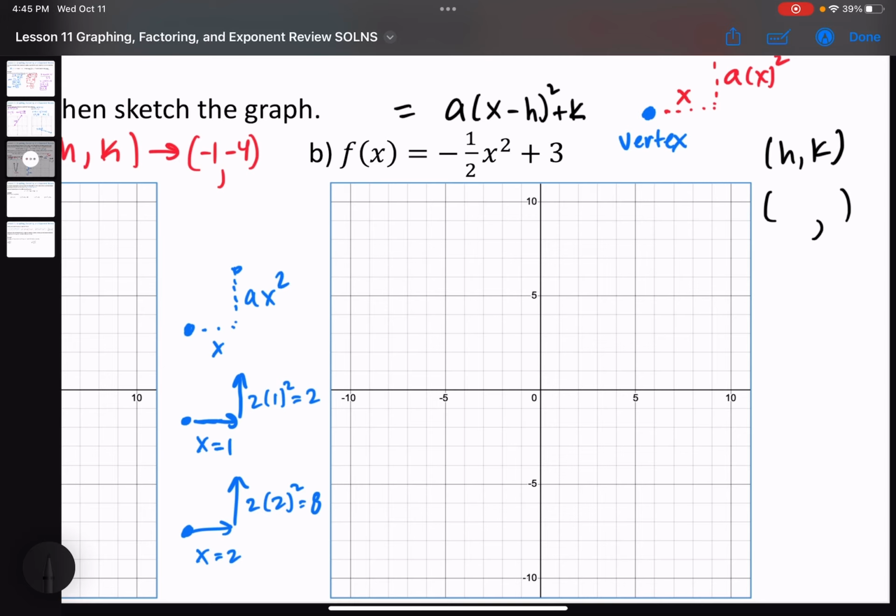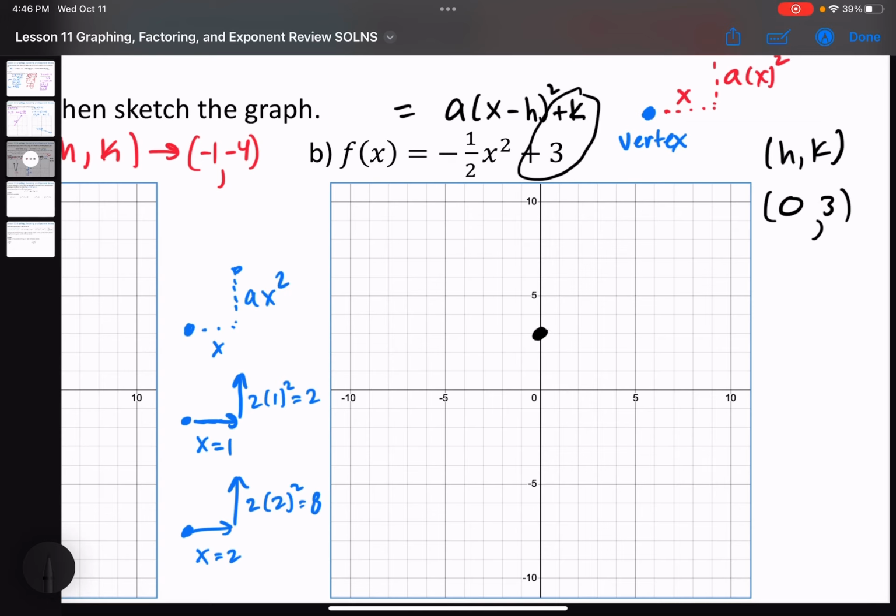Well, notice this problem is a little bit different. It doesn't have x inside the parenthesis. That means it's not going to shift over left or right. That means the h value is going to be 0. Our k value is just going to line up, same sign and everything, so it's going to be positive 3. And this parabola is going to start at 0, 3.